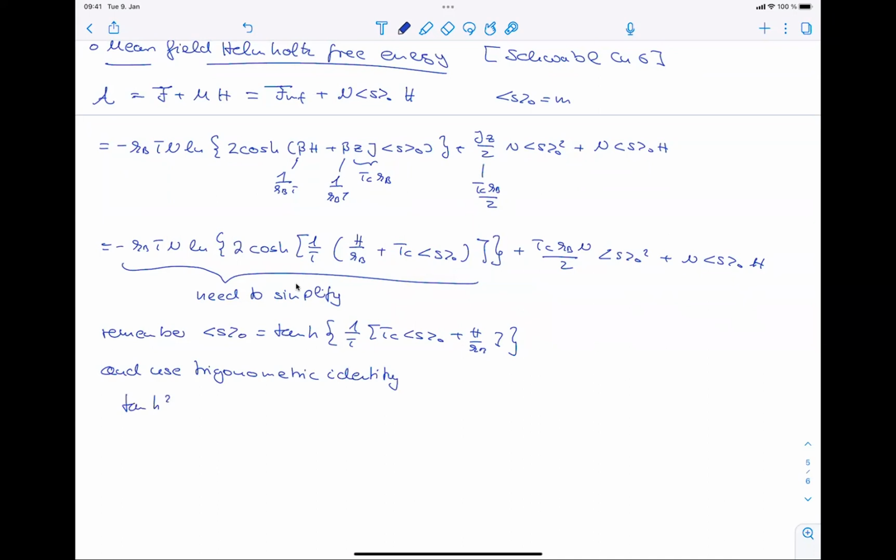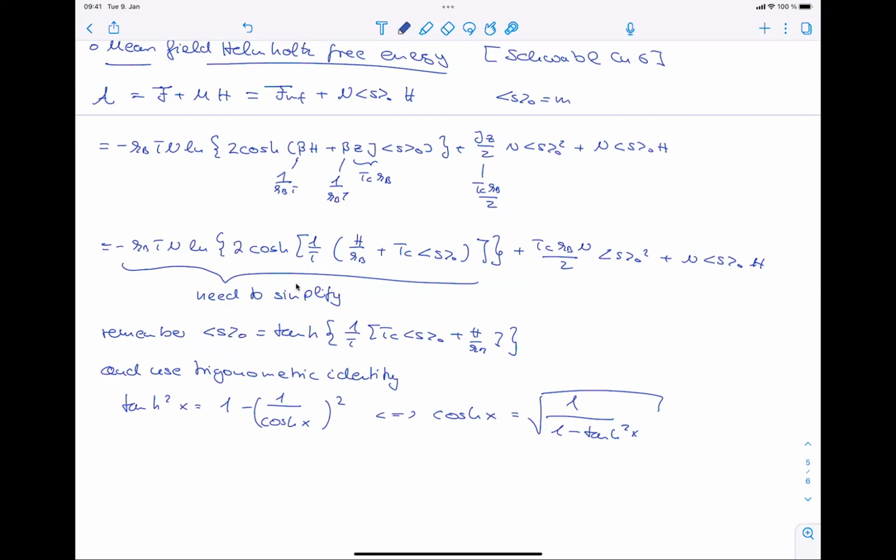Namely, tanh squared x is 1 minus 1 over cosh squared x, which means that 1 over cosh can be rewritten as the square root of 1 minus tanh squared. So we can rewrite this hyperbolic cosine as a function of the tangent of this expression, and the tangent of this variable is exactly our mean magnetization.